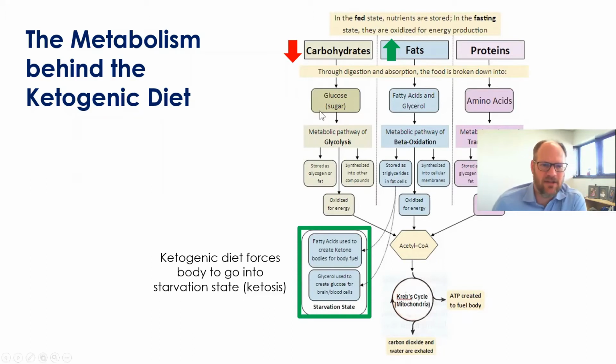The point of the ketogenic diet is to starve yourself of this particular food substrate that your body needs, and then force your body to rely on these other forms, in order to both facilitate weight loss and to enable you to manipulate your biochemistry in a couple different ways.